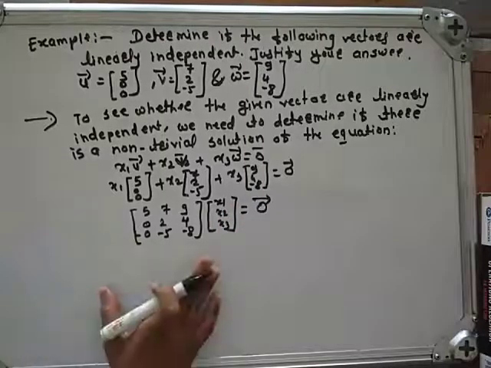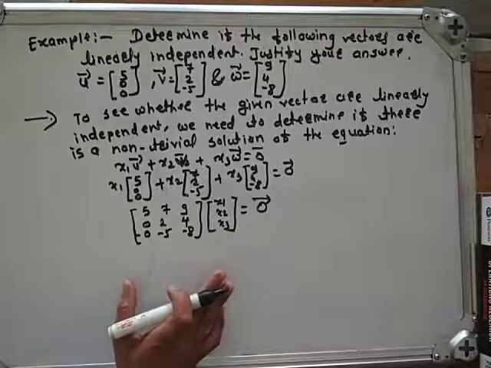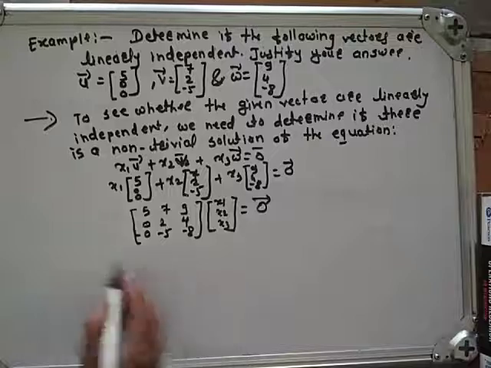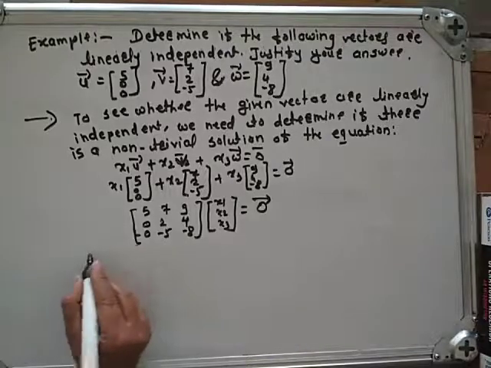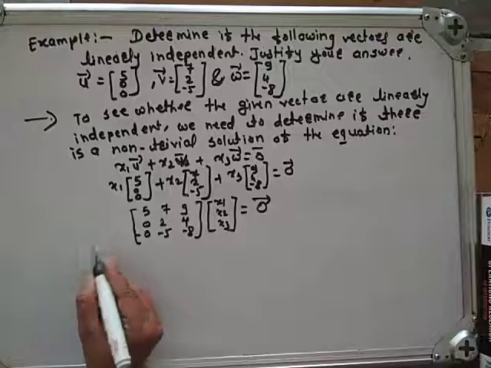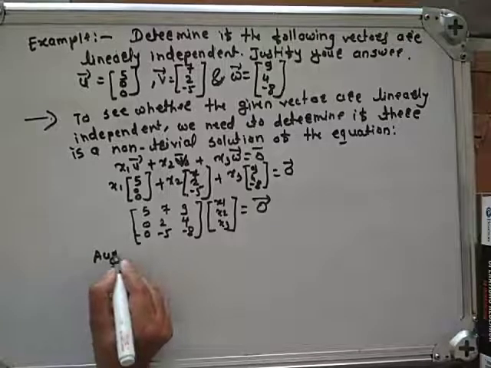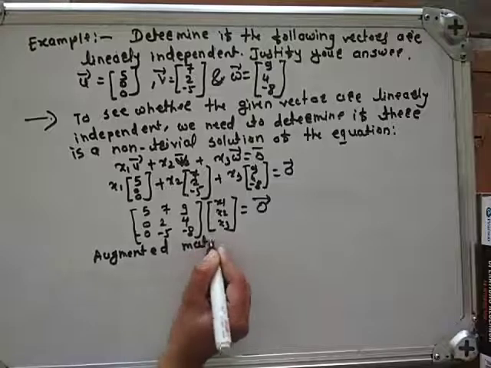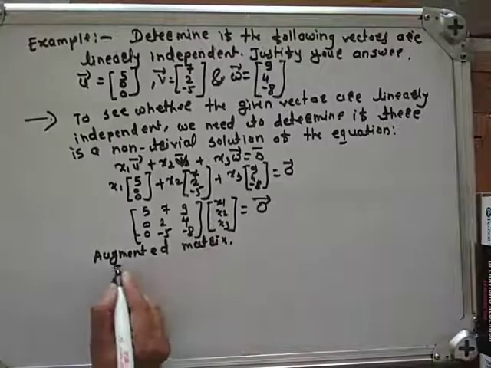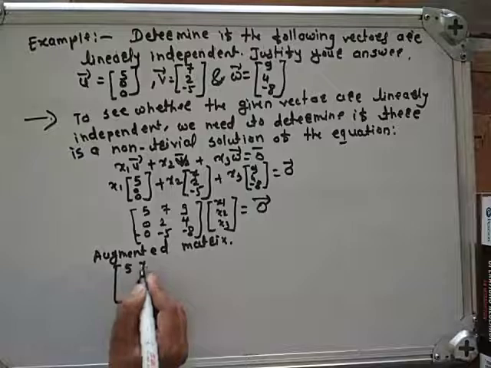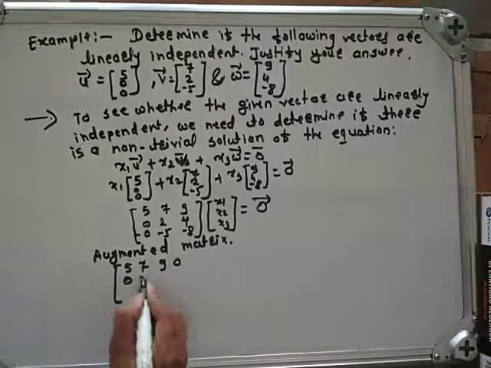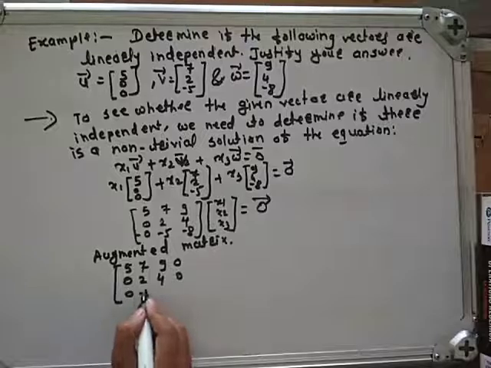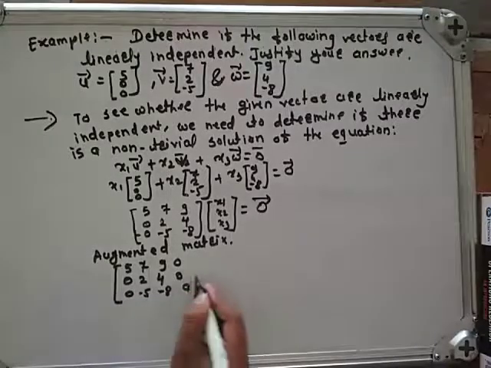So write down the augmented matrix for this system. The augmented matrix is 5 7 9 0, 0 2 4 0, 0 minus 5 minus 8 0.